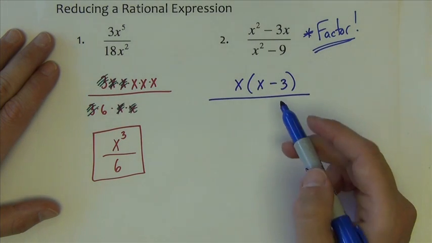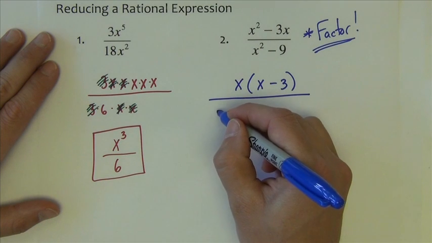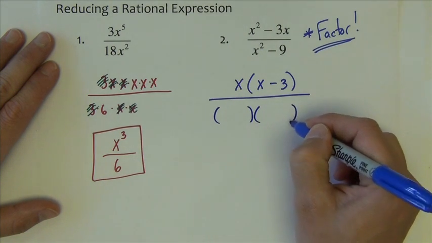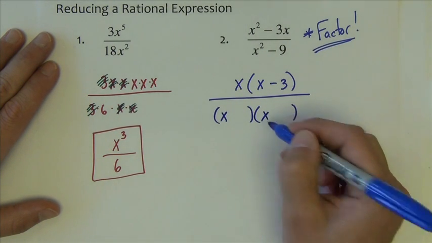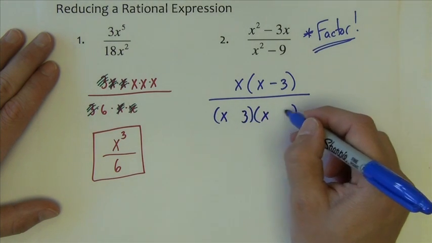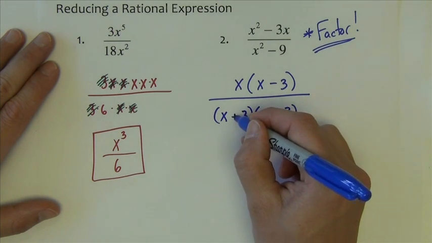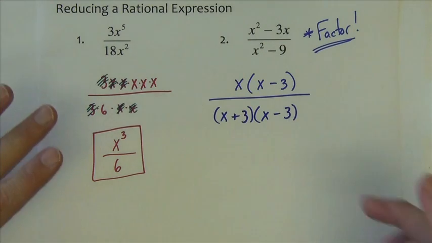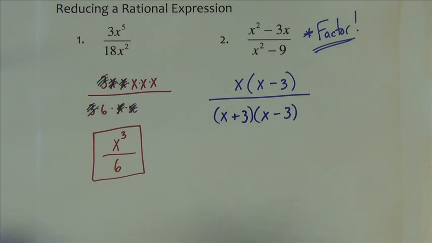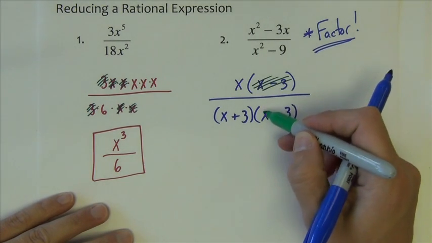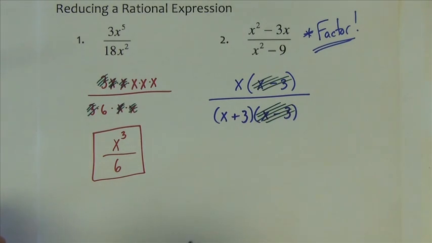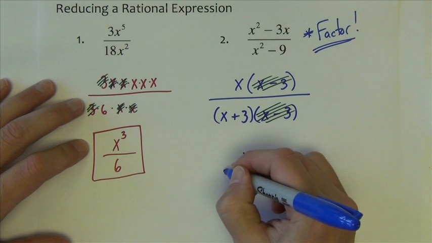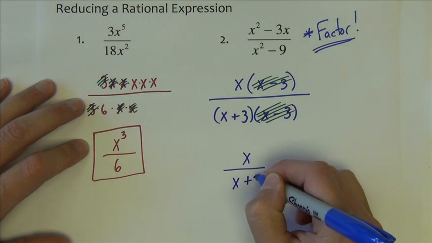In the denominator, we see that there is no common factor, but it's that two-term difference of squares pattern. X times x makes x squared, 3 times 3 makes 9, one plus and one minus. And then we cancel out anything that's common. X minus 3 takes out x minus 3, and so we say the answer is x divided by x plus 3.